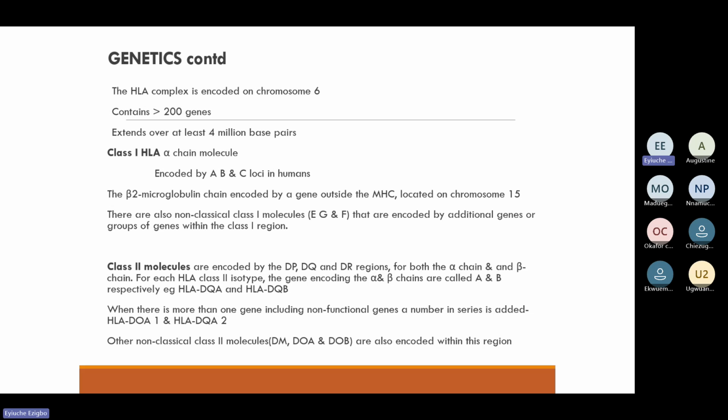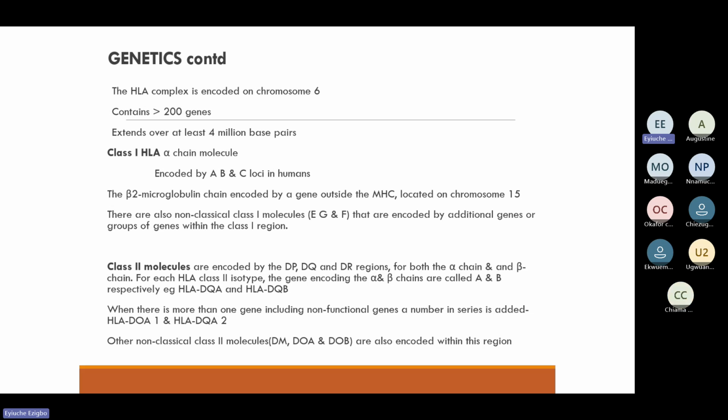So the HLA complex, as we said earlier, is encoded on chromosome number 6. It contains more than 200 genes and extends over at least 4 million base pairs. This is just a summary of what we have been saying earlier.